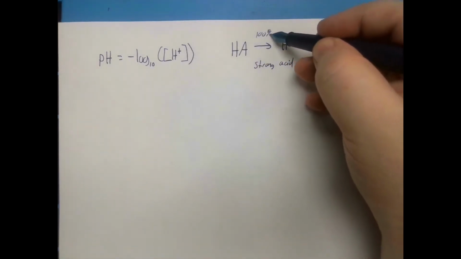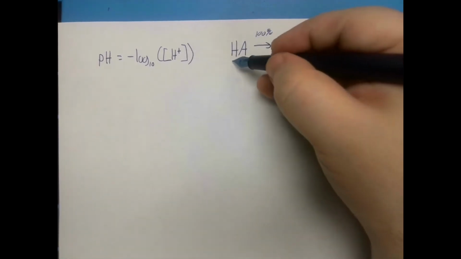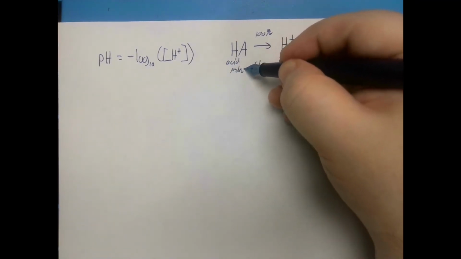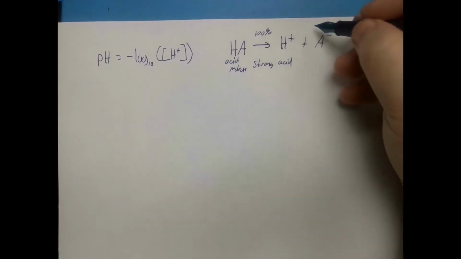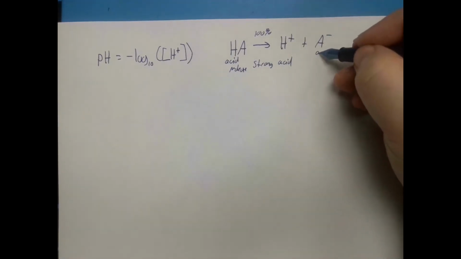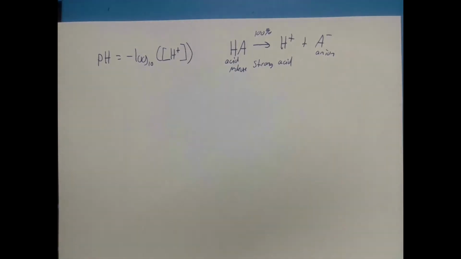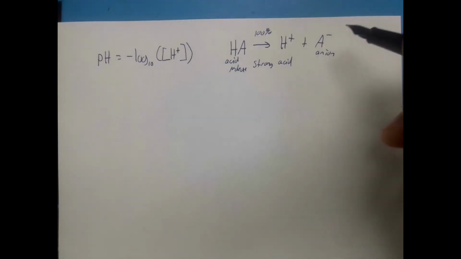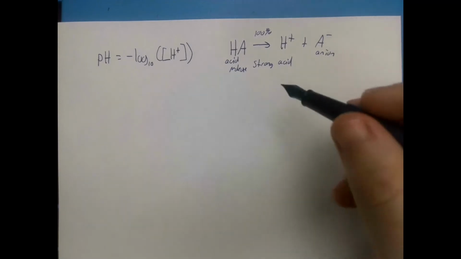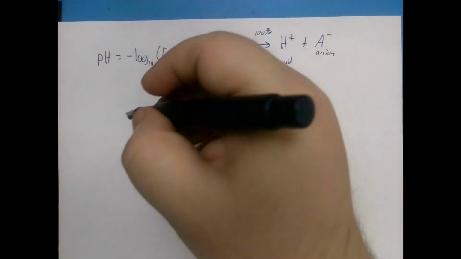It's 100%. 100% of all the acid molecules, this will be your acid molecule, breaks apart into H plus and your anion, also called the conjugate base.